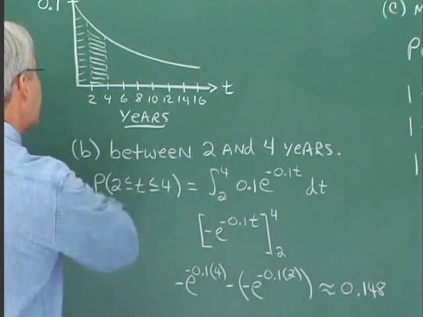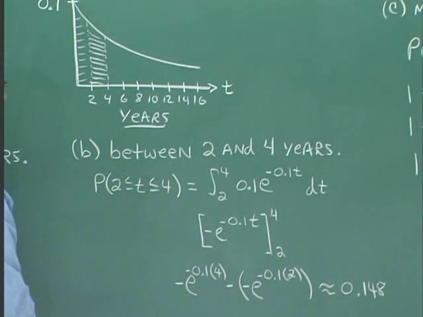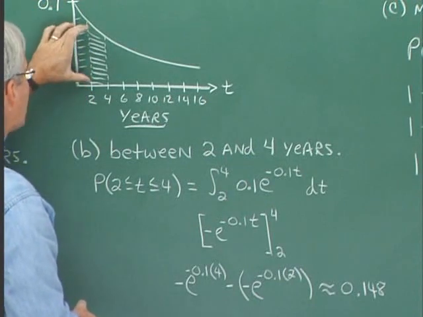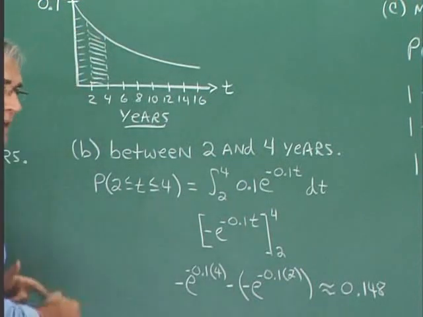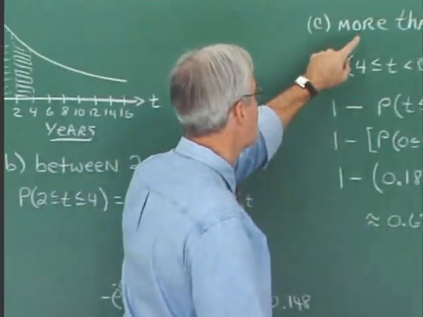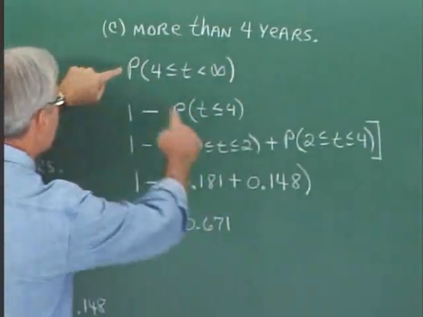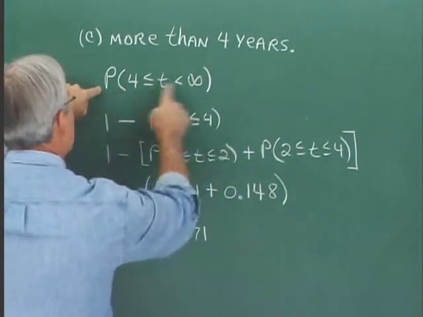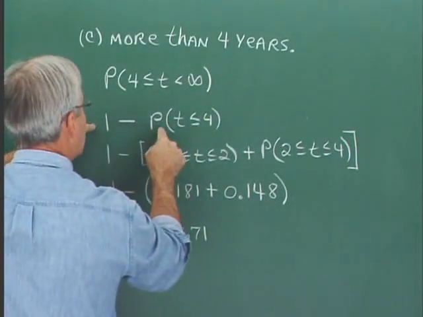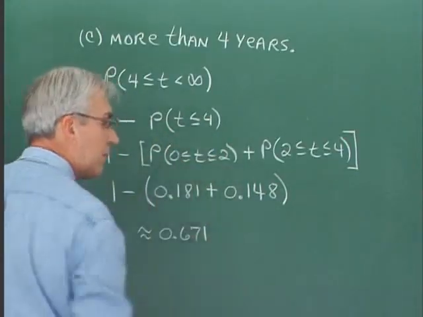Or we can use the technique we talked about before, and I think I'd prefer that. We have the probability associated with this region and this region. We could just add those together and subtract from 1. That is, if we want to find the probability associated with more than 4 years, we can find the probability that t falls between 4 and infinity by taking 1 minus the probability that t is less than or equal to 4.